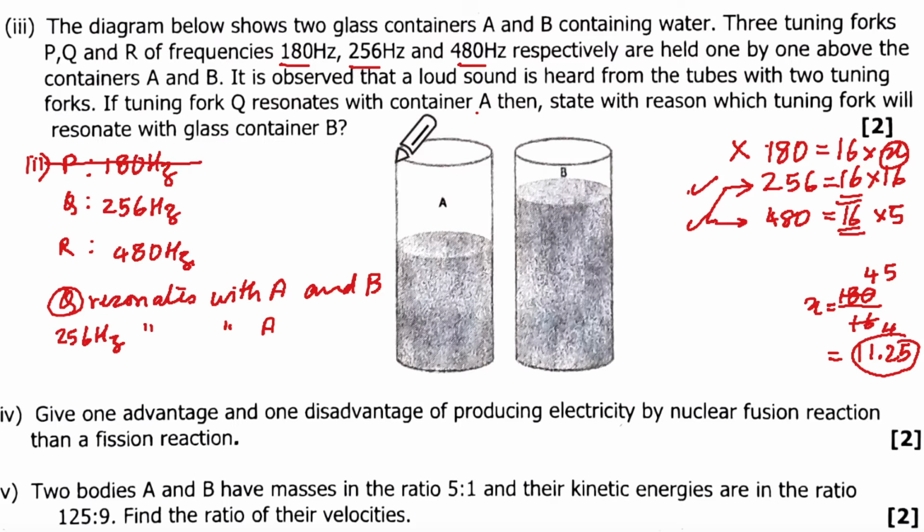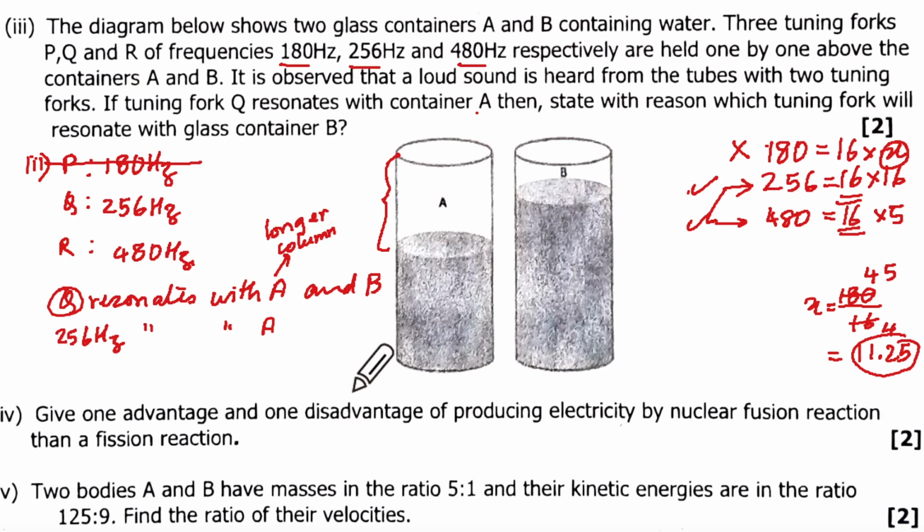Now to begin with, if Q is resonating with A, A has a longer air column, correct?